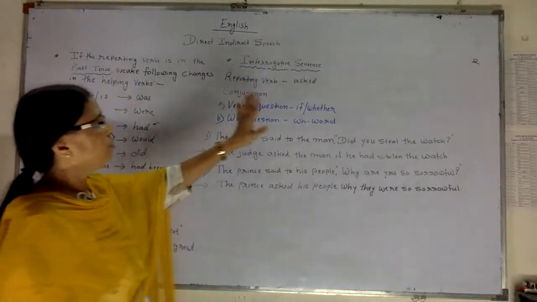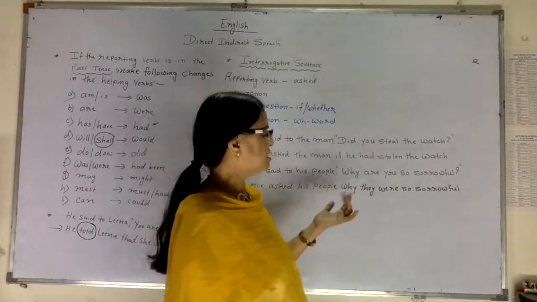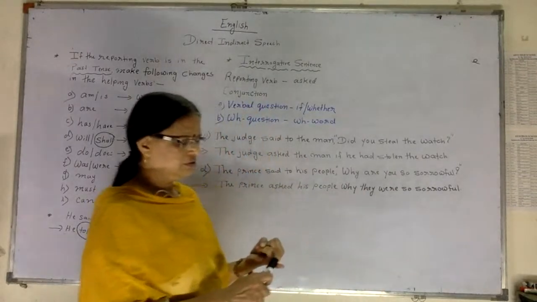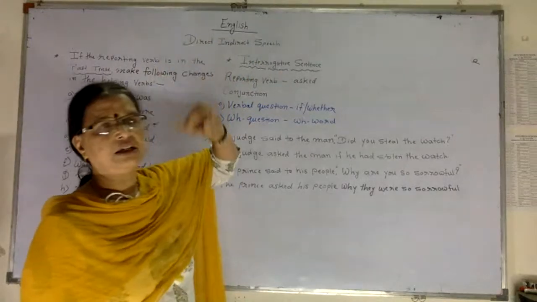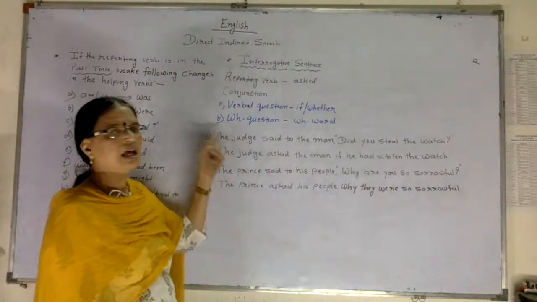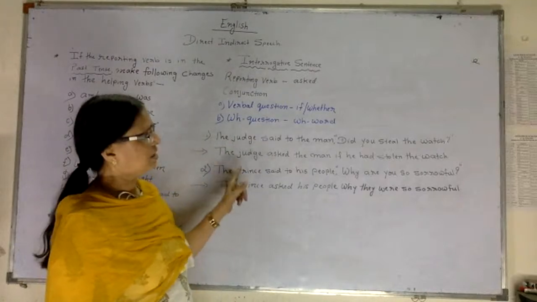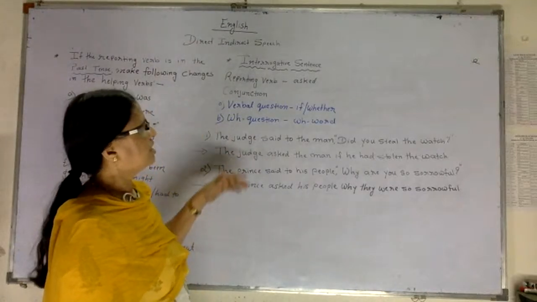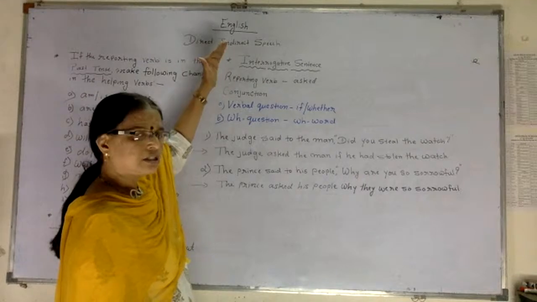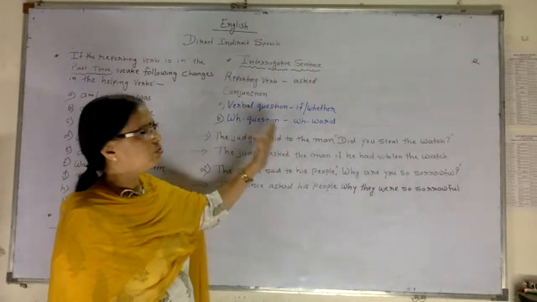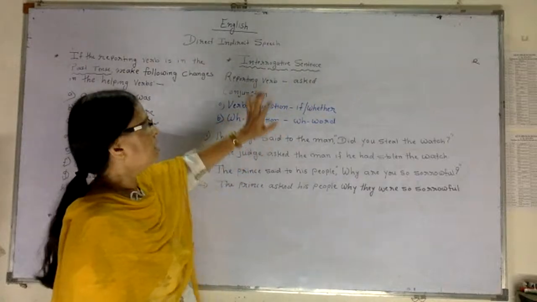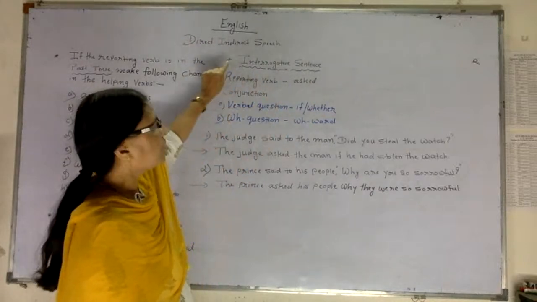Now there are different kinds of sentences: assertive sentences, interrogative sentences, exclamatory sentences, as well as imperative sentences. I told you in the previous lecture that there are many changes according to the types of sentences. So we will move on to the types of sentences.